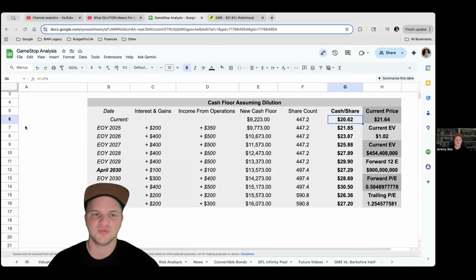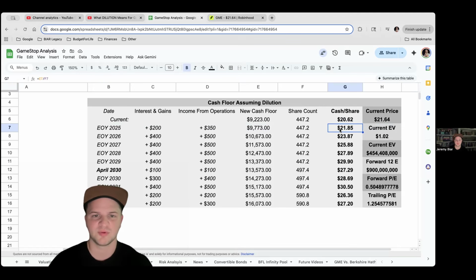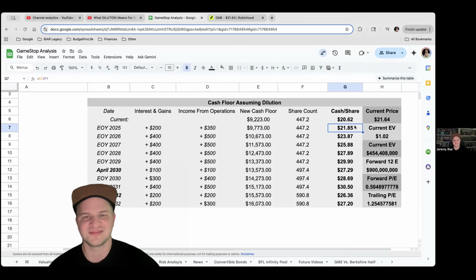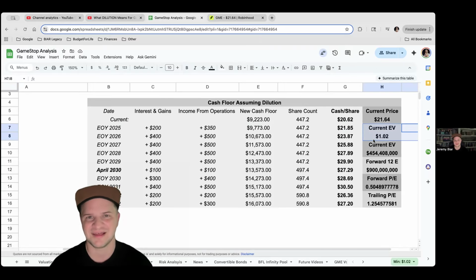Like the actual cash per share 6 months from now, when they report Q4 earnings, will be $1.20 higher than its current cash per share. And you're only paying $1.02 for the whole business. So you can buy the business right now and receive in cash the full amount that you paid for the business in less than 6 months. That's how low GameStop is valued right now.